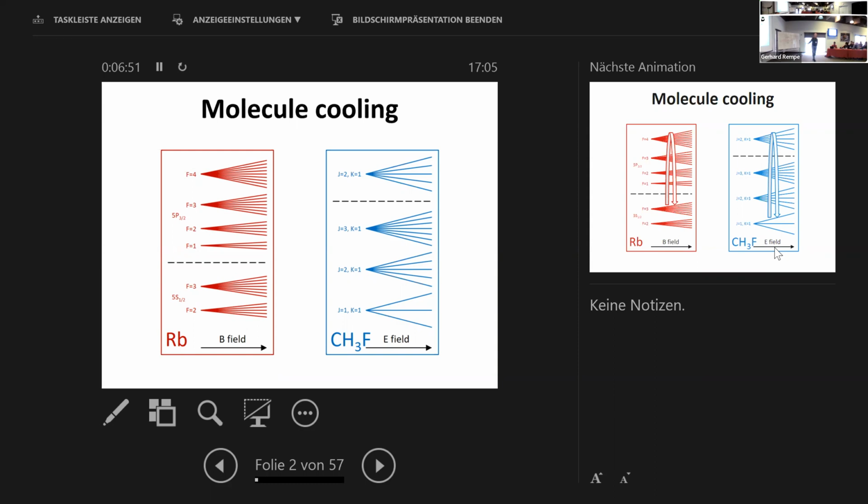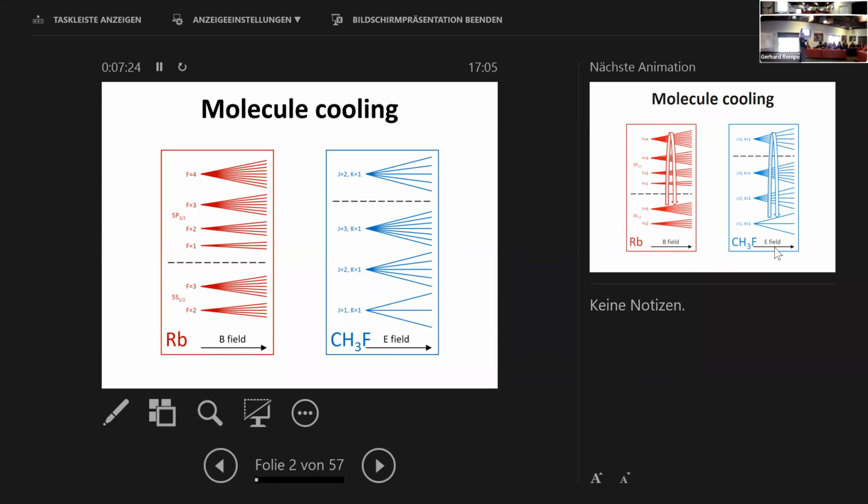This is fluoromethane. It looks very, very similar. J equals 1, J equals 2, J equals 3, and so on, with J equals 0 missing here, and K equals 1, and this is maybe an excited state. There's hardly any difference between the molecular energy levels as a function of the electric field, because the molecules do not react, or hardly react, to magnetic fields.